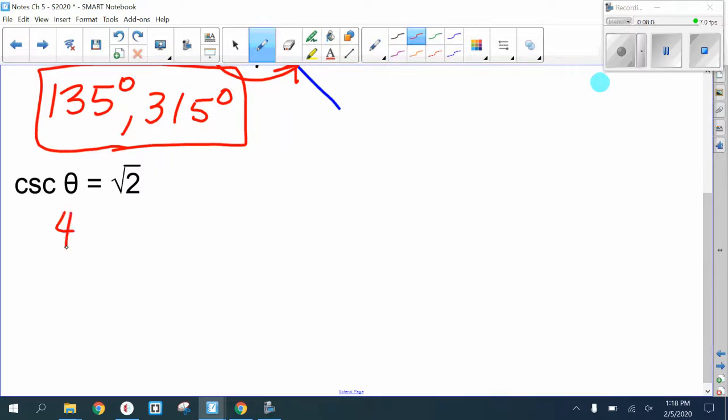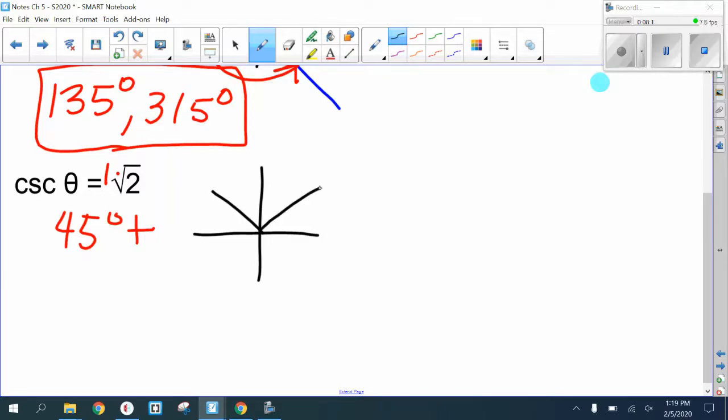So we're saying 45 positive, since that is a positive number. Cosecant goes with sine, and so we're looking at where sine is positive, and we would know that sine or cosecant are positive in the first and second quadrants. So we have a 45-degree reference angle in the first and second quadrants.